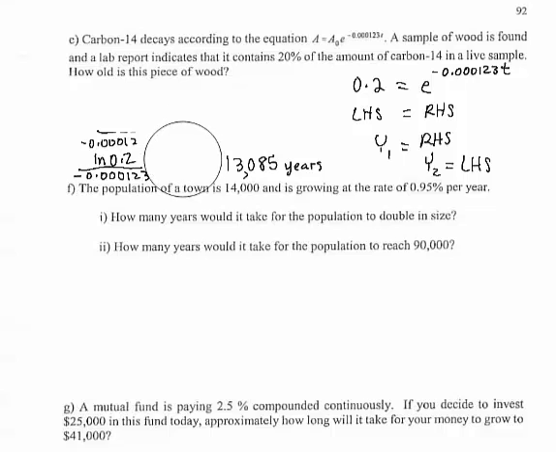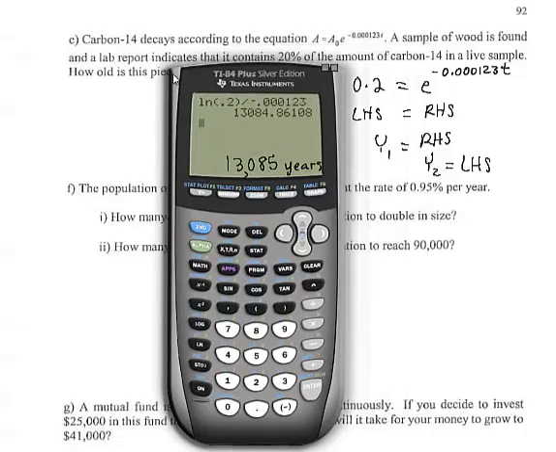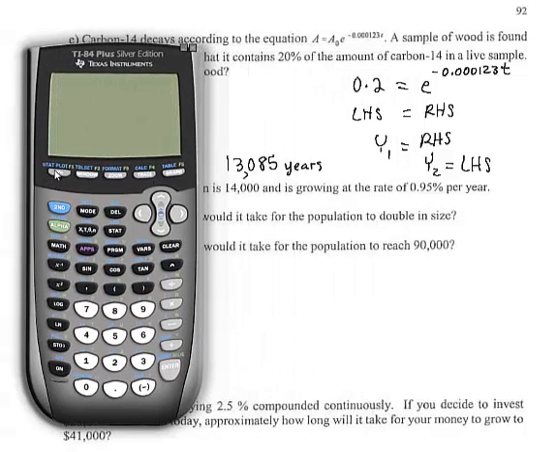Alright, so what does that look like? Bring up the calculator, go to the Y editor. Second exponent, negative 0.000123 x instead of t. And then we type in the left hand side, 0.2, enter.